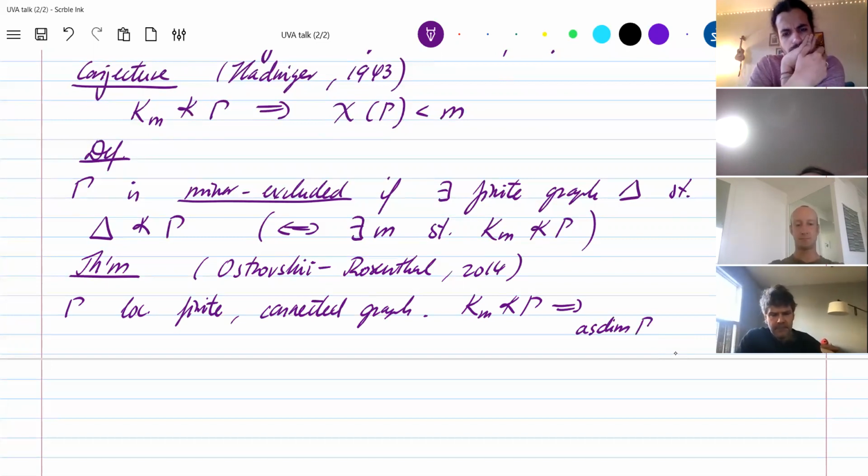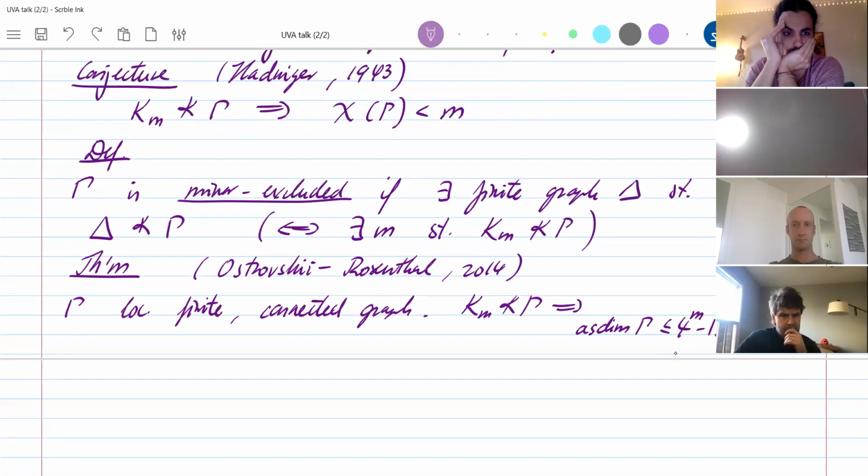The asymptotic dimension of gamma will in that case be less than or equal to 4^m minus 1. If you haven't seen asymptotic dimension before, it's a coarse notion of dimension, which is useful for things like proving that your graphs nicely embed in certain Banach spaces, that kind of thing. So this is definitely something that we should be interested in.